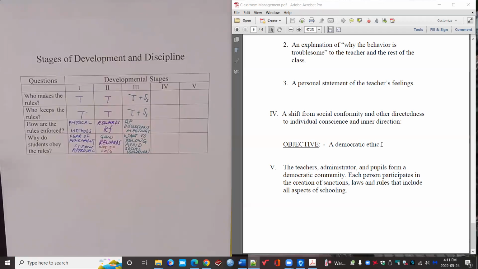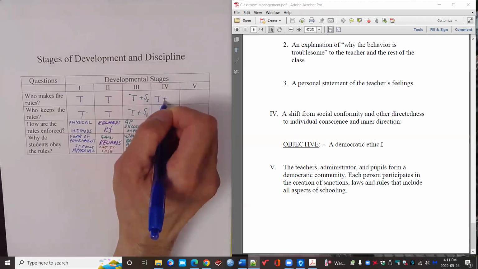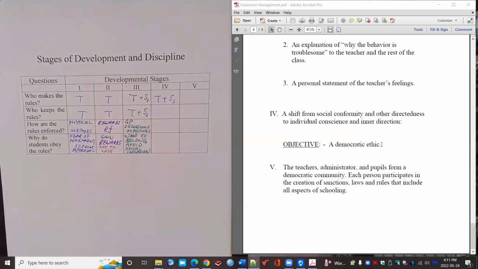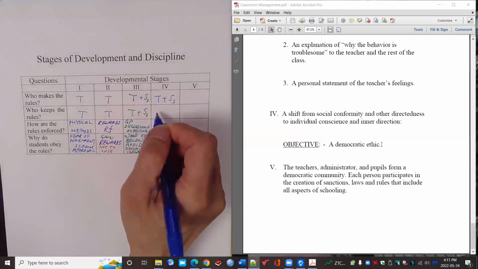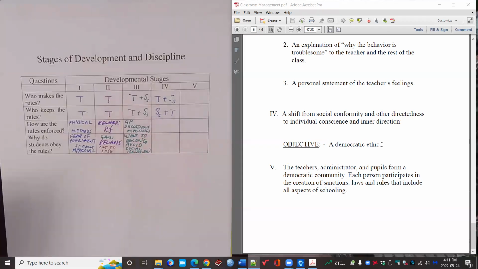Okay, answer the question. Who makes the rules here? A democratic ethic, of course, teacher and students. Okay, who keeps the rules? Well, in the democratic ethic, we are more for students and teachers, right? Because students form the groups, far more students than teachers. All right.